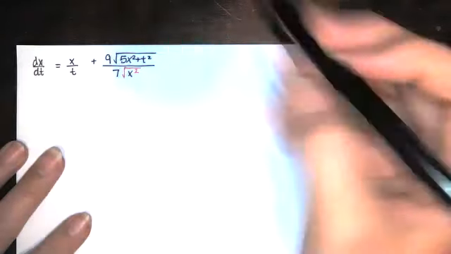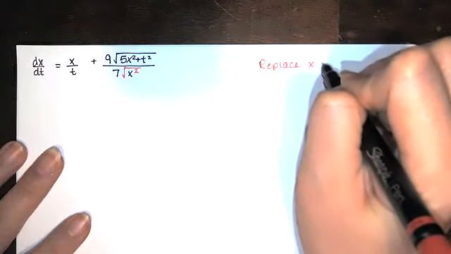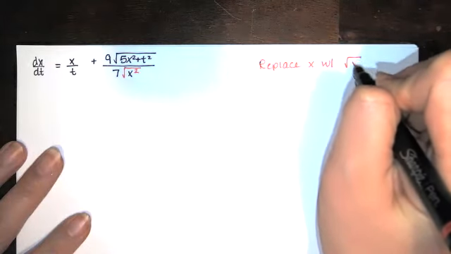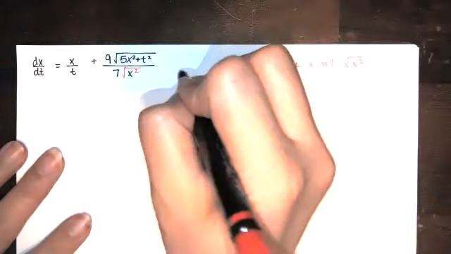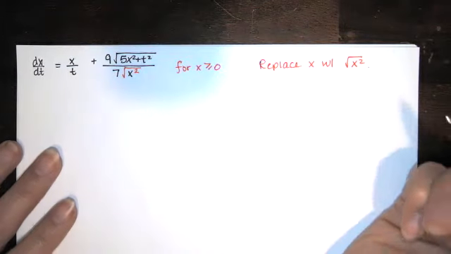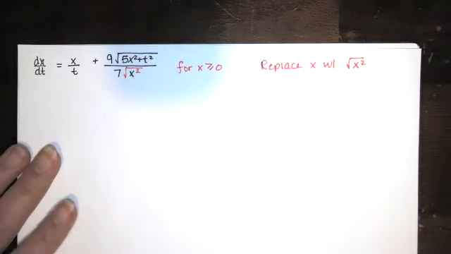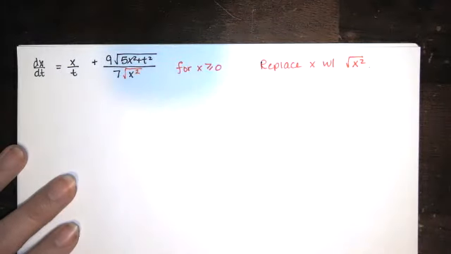So we'll write that over here. We're going to replace x with the square root of x squared, which is true if x is greater than or equal to 0. If x happened to be negative, you just multiply it by -1.